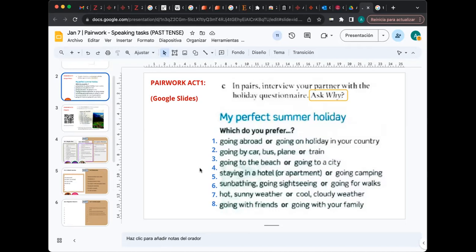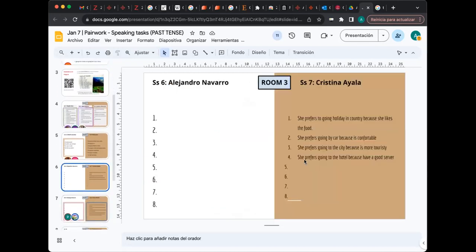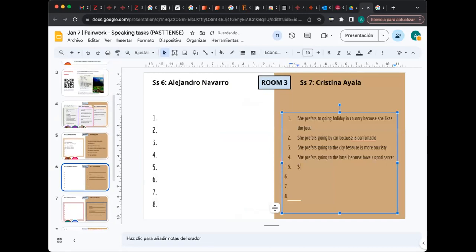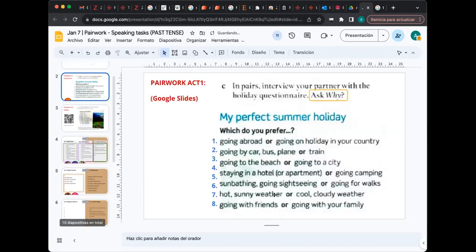Hacer turismo. ¿Cuál es turismo? ¿Sunbathing o sightseeing? All right.